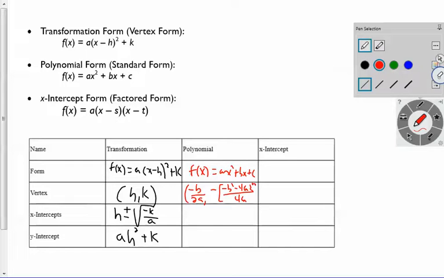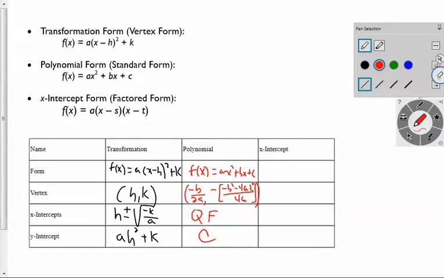I know that looks goofy, but it works. To find the x-intercepts, you use the quadratic formula, QF. And whatever the value of c is, that is your y-intercept.